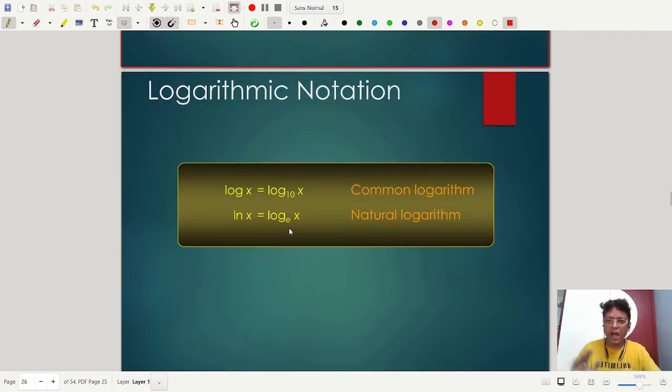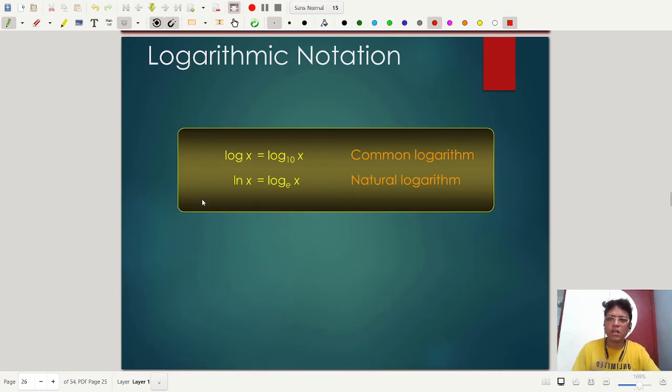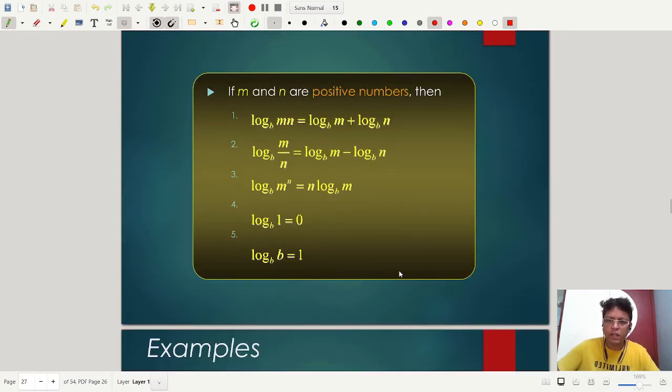Now, as I talked about earlier, base 10 is for common logarithm and base e is for natural logarithm. So there are two types: you can write ln x for natural logarithm, and log x for common logarithm. Now there are some properties, laws. If m and n are positive numbers, then log mn base b is equal to log m base b plus log n base b.